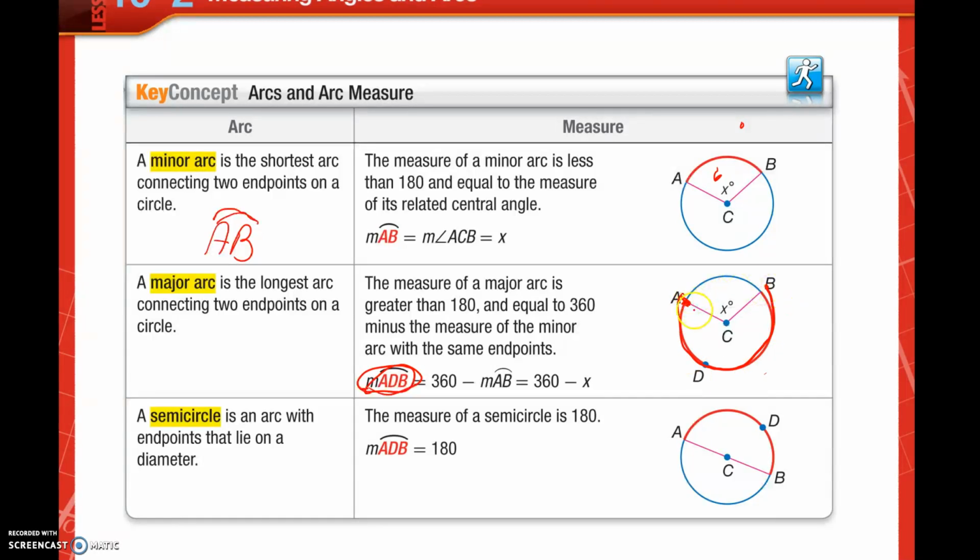Otherwise, if I don't have 3 letters, I choose the shortest distance, and I would pick AB. So that's the difference between the major and minor. Now, sometimes minor arcs can be named as 3 points. So don't just look at it and say, well, it has 3 points, so it's major. Also, if my arc is 180, then it's called a semicircle.